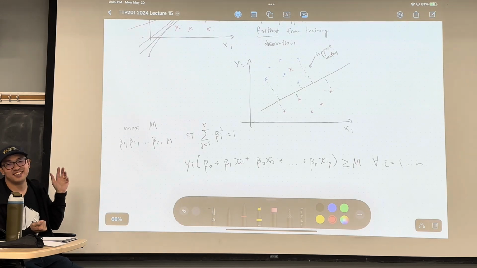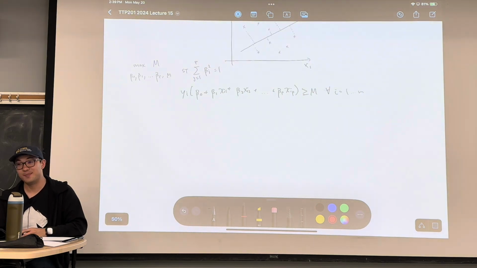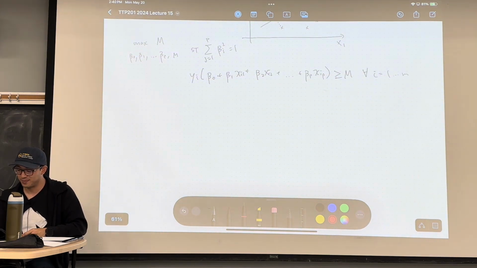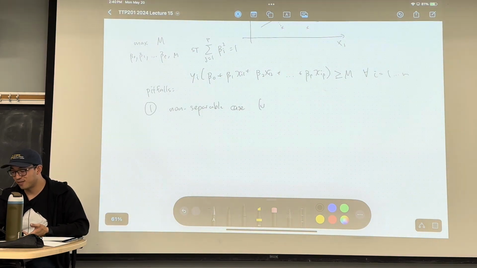Yeah. So that is the most common downfall of the maximal margin classifier. Pitfalls. One is the non-separable case, and this is also very common.